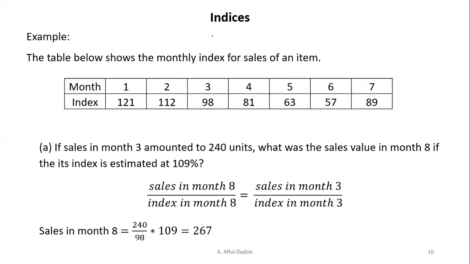Okay, so suppose that we have such information as this. We have the months, 7 months, and then their respective indices. Now it says that if sales in month 3 amounted to 240 units, what was the sales value in month 8 if the index is estimated at 109?